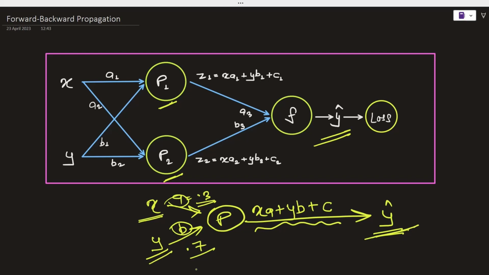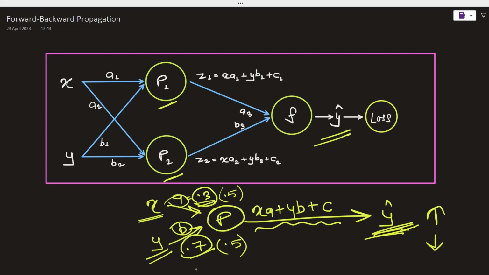Let's say, for example, we initiate these weights as 0.5 and 0.5. In that case, of course, the predicted value will give us a higher loss that we will try to reduce further. To reduce this loss, the model will train itself in such a way that it converges the values of these coefficients to these values.